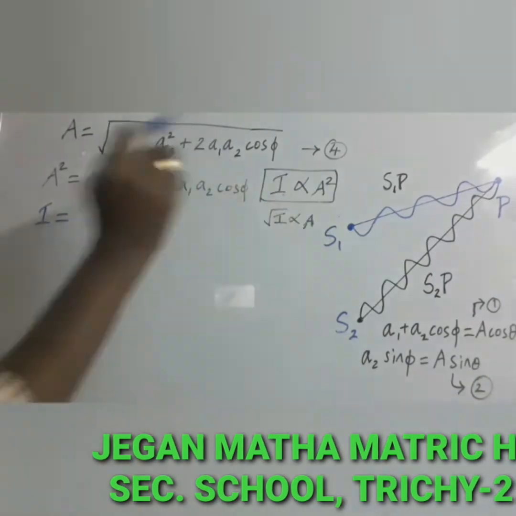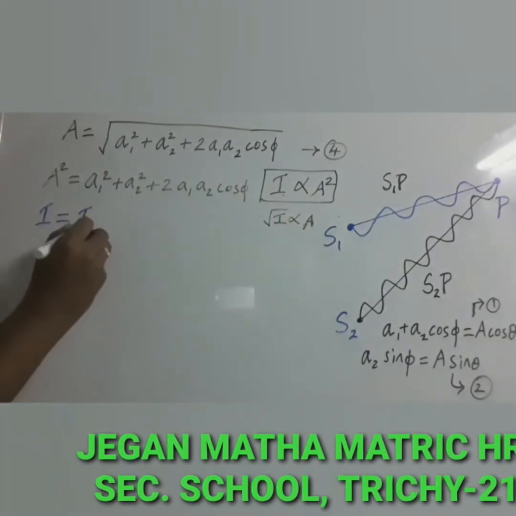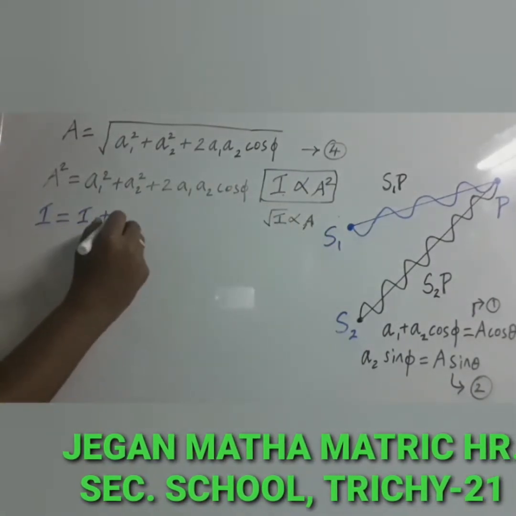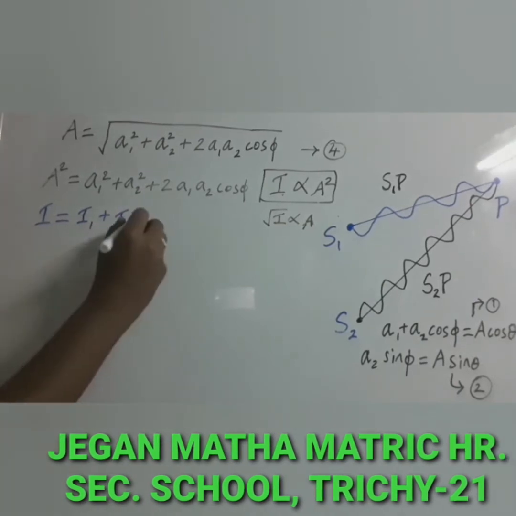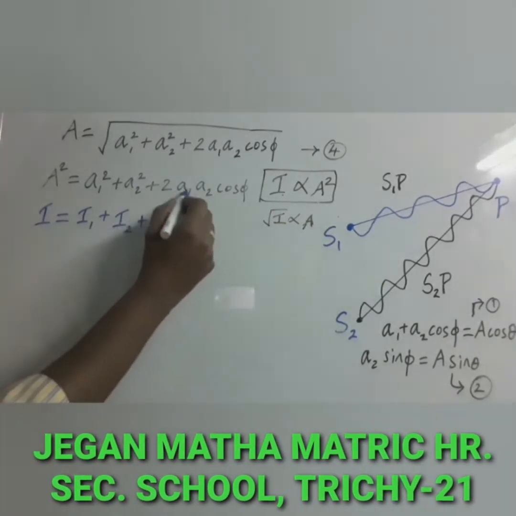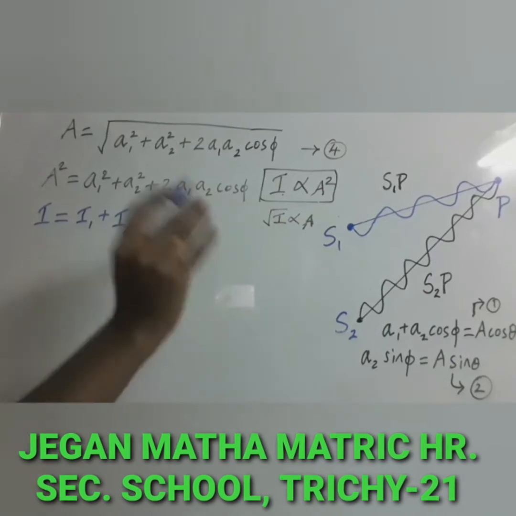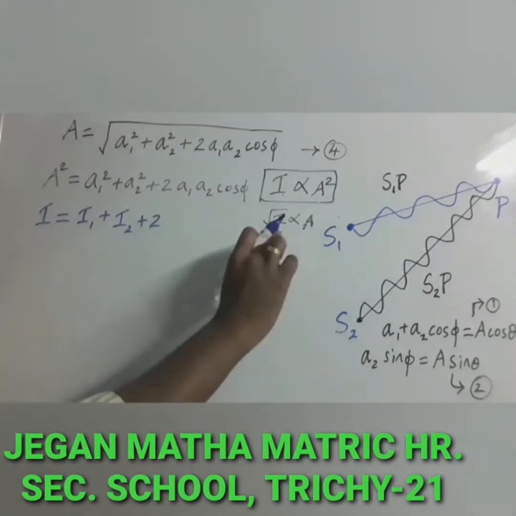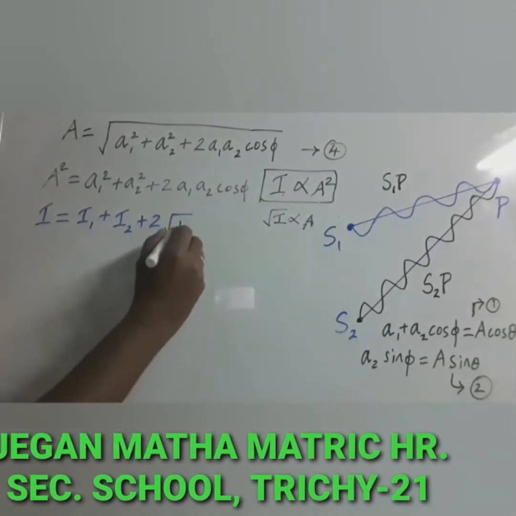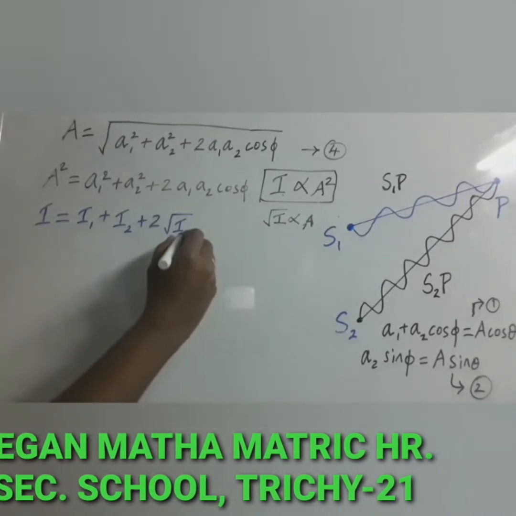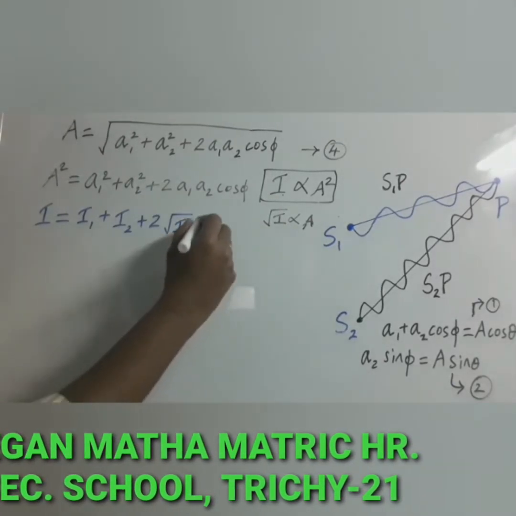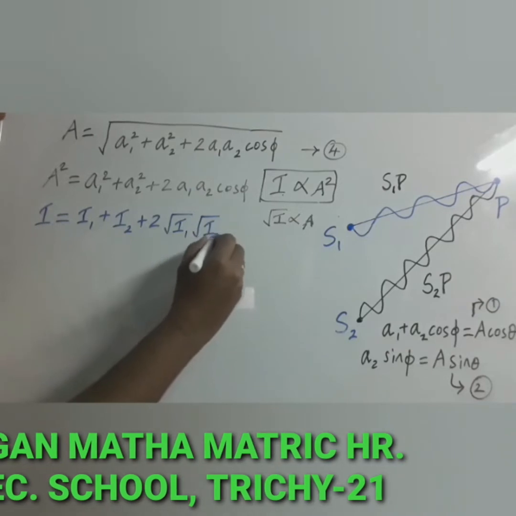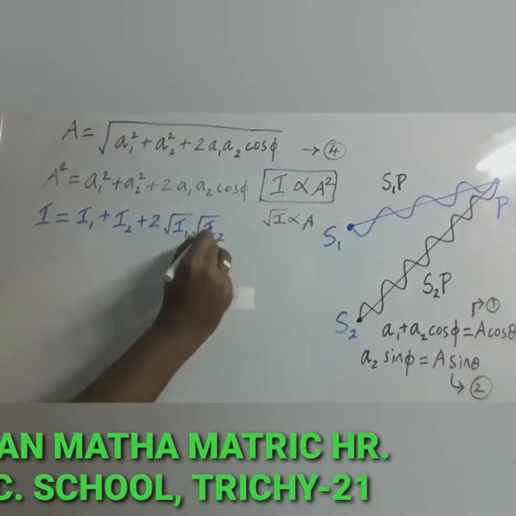So A square means I, so the intensity of the first wave, plus A2 square, which you can write as the intensity of the second wave, plus 2. Here A1 is the amplitude of the first wave, so A means root of I. Since it is the amplitude of the first wave, you have to write root I1. Here A2 means you have to write root I2, into cos phi.